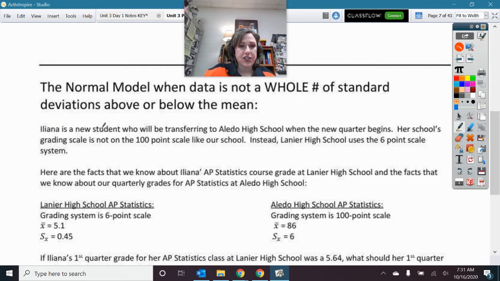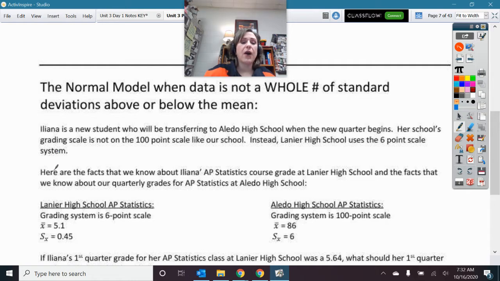So Ileana is a new student and she is transferring to Aledo High School when the new quarter begins. Her school's grading scale is not the 100-point scale like our school. Instead, Lanier High School uses a 6-point scale system. Very different.